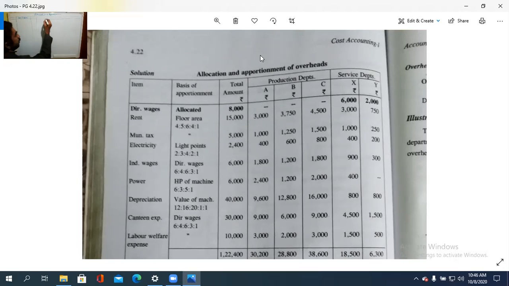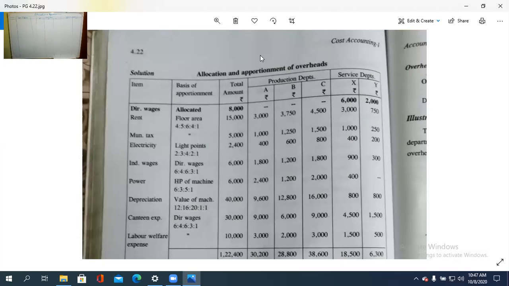Then the production departments and the service departments. 3 production departments are there, and 2 service departments are there. The production departments are A, B, C, and the service departments X and Y.